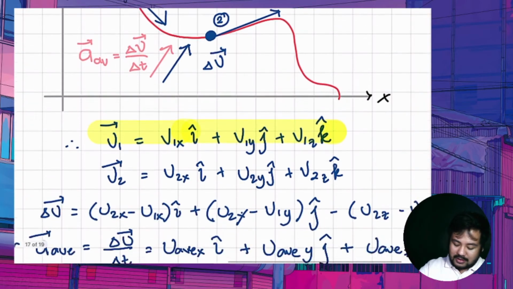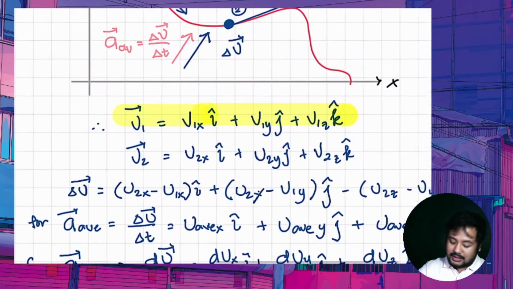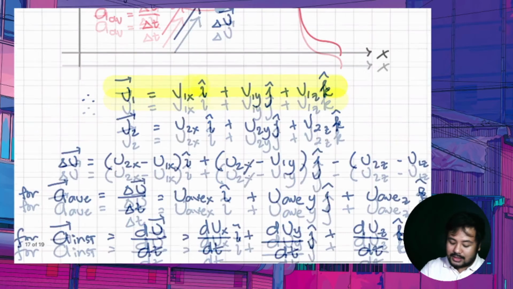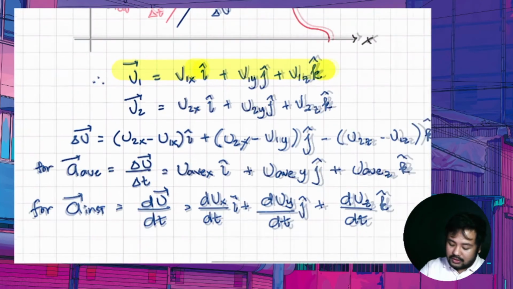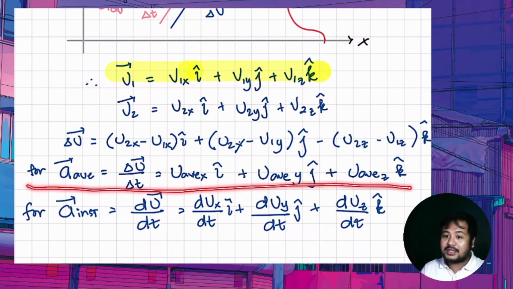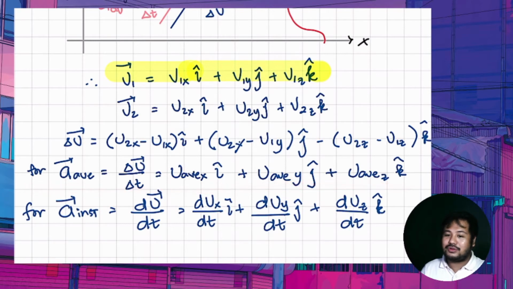And then you also have your delta v, that is just v2 minus v1, because we have to take the average acceleration, and that is delta v over delta t, as you can see with this one. I made a boo-boo. This should be acceleration. This should be a.